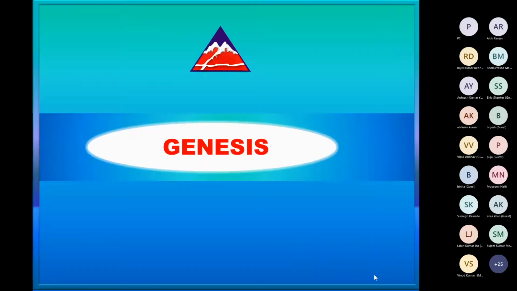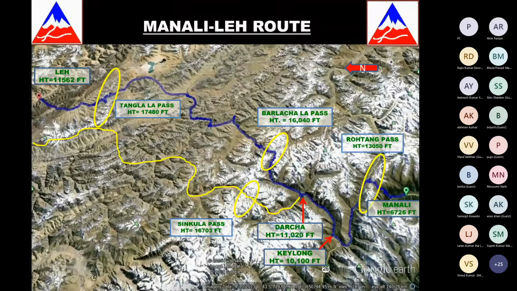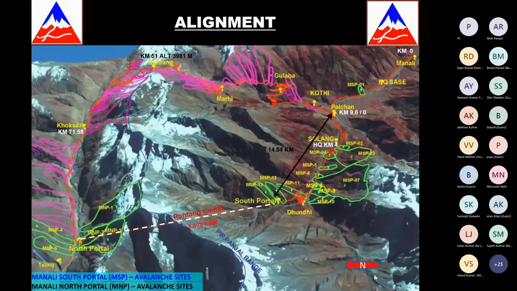Let me tell you briefly about the tunnel. Basically, on the Manali Leh axis, on the existing highway, there were four passes: Rotang Pass, then Baralachla, Lachungla, and Tanglangla. Rotang was the first of these passes, and that's why the government decided that we should do this tunnel first. For people who are aware, there's an area called Palchan, from where you come into the Solang Valley.